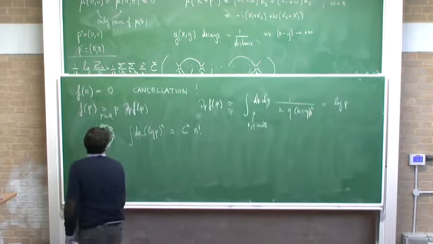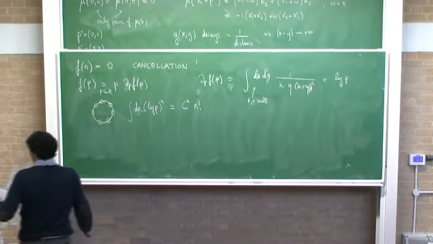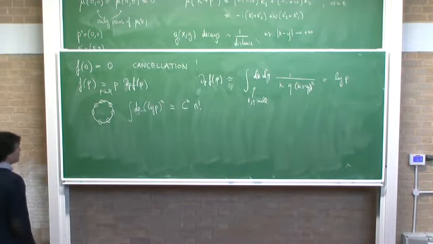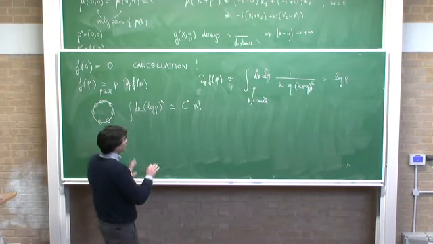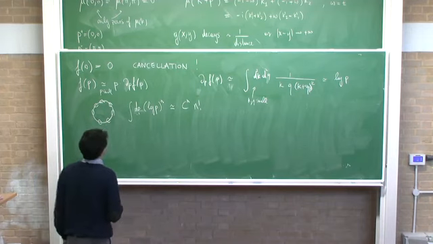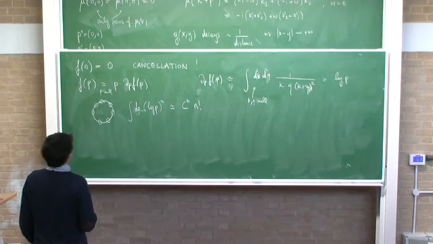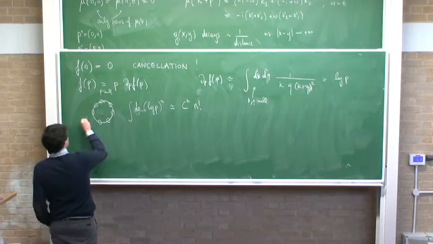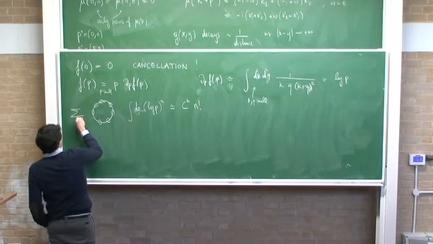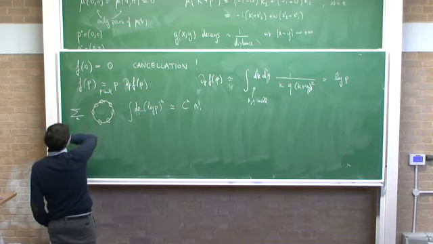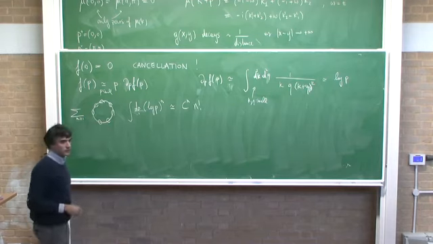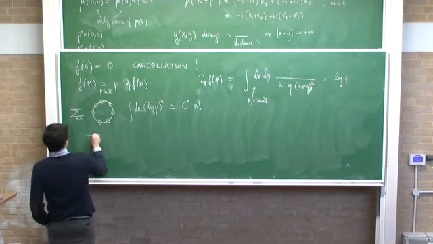Let me suggest a possible strategy to get out. This is not the true story, but it's almost the true story. So what you can try to do is to say that the sum over all the chain diagrams, where n is the number of these bubbles, is something of this sort.